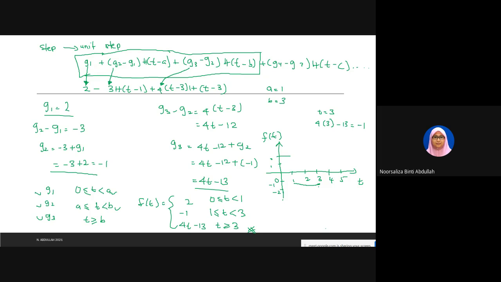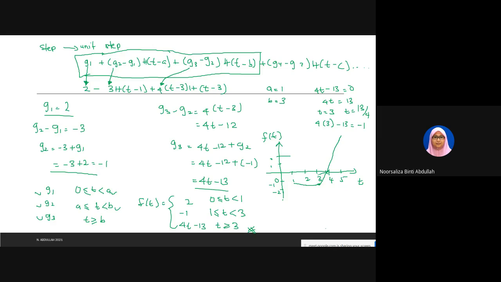Okay, dia akan continue from this part, ke atas. Kalau you nak tahu berapa nilai paksi kat sini, you just gantikan FT ni dengan kosong, so 4T minus 13 equals to 0, 4T equals to 13, T equals to 13 divided by 4, then you get this point. Okay?